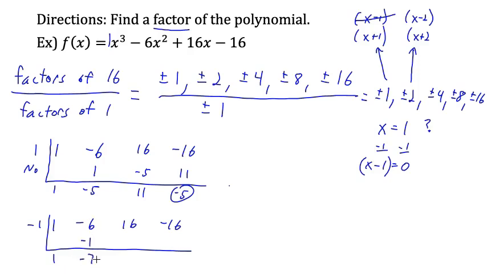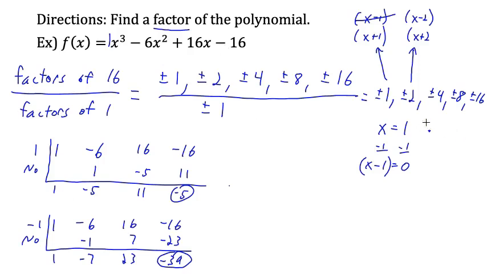We add those. And multiply. Negative 7 times negative 1. And we add those. And we multiply. And we get a remainder. So x plus 1 is not a factor of this polynomial.